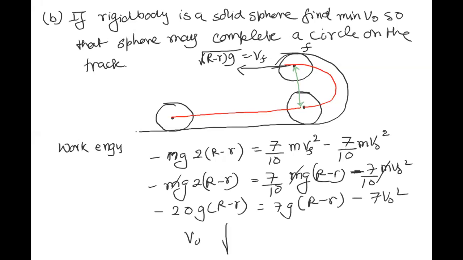V naught is equal to root of 27g (R minus r).